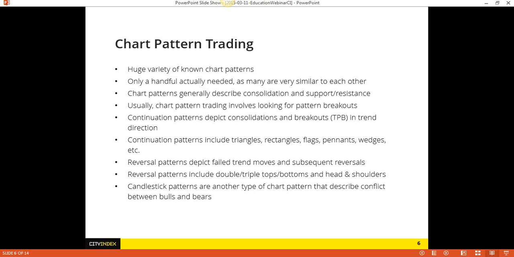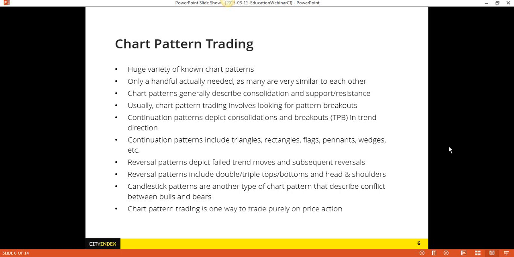So when you see, for example, a doji or a hammer or a shooting star or any of those very imaginative names, you could think of them as micro chart patterns, very small chart patterns that give you some idea of the short-term conflict between the bears and the bulls. I'm going to introduce some of the very useful candlestick patterns that I use on a daily basis.